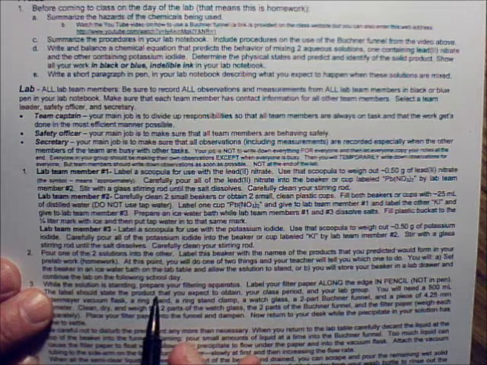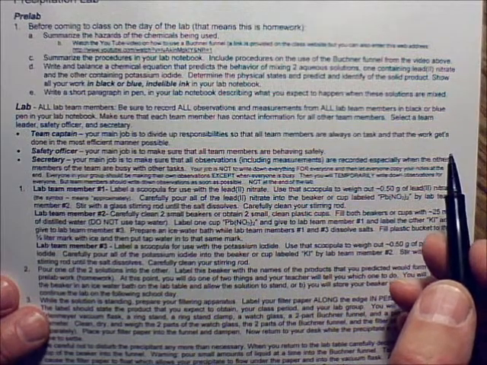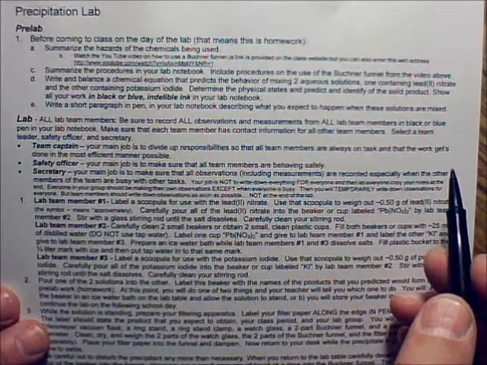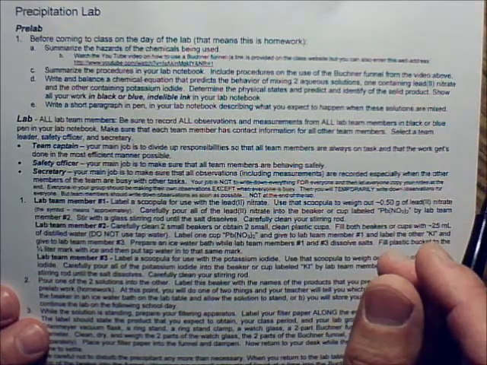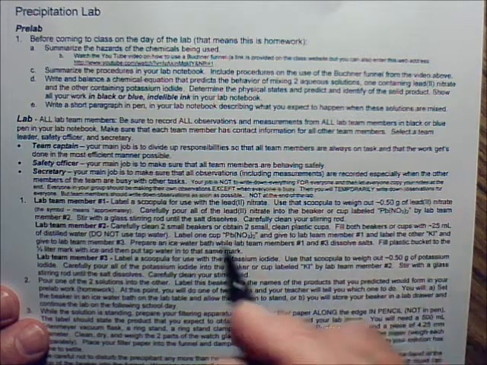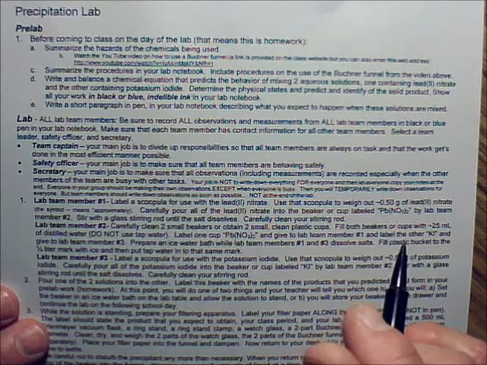Got it? That's what I'm looking for tomorrow. You want us to do the procedures on the video and procedures under number 2? Well, you need to look at the video and make sure you understand what you're doing with the Buckner funnel. You don't have to write it out. You don't have to write a lot of detail, but if you looked at the video and you write a couple lines to yourself, you probably have it down. It shouldn't be that hard.